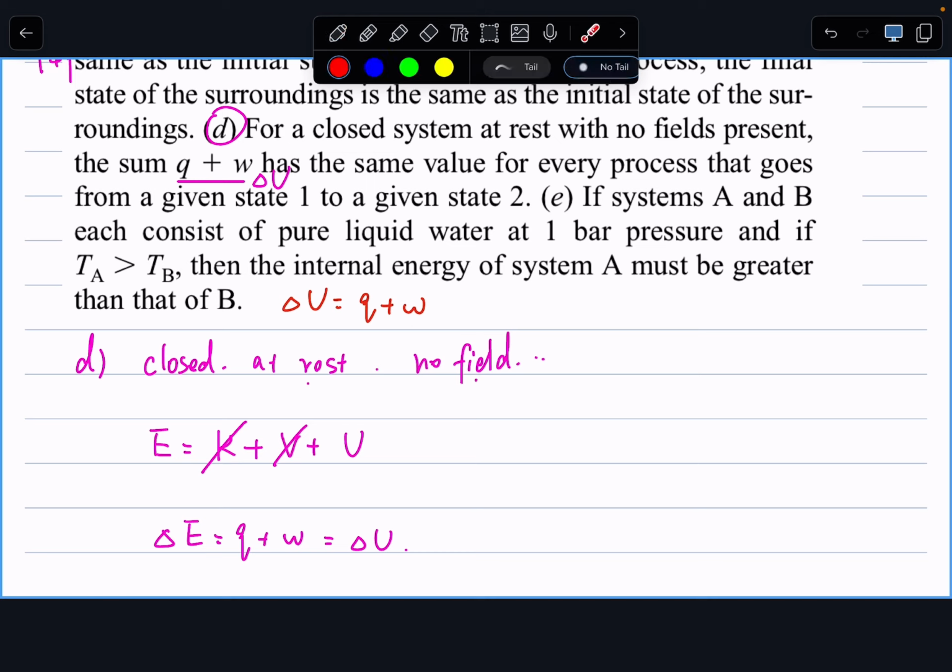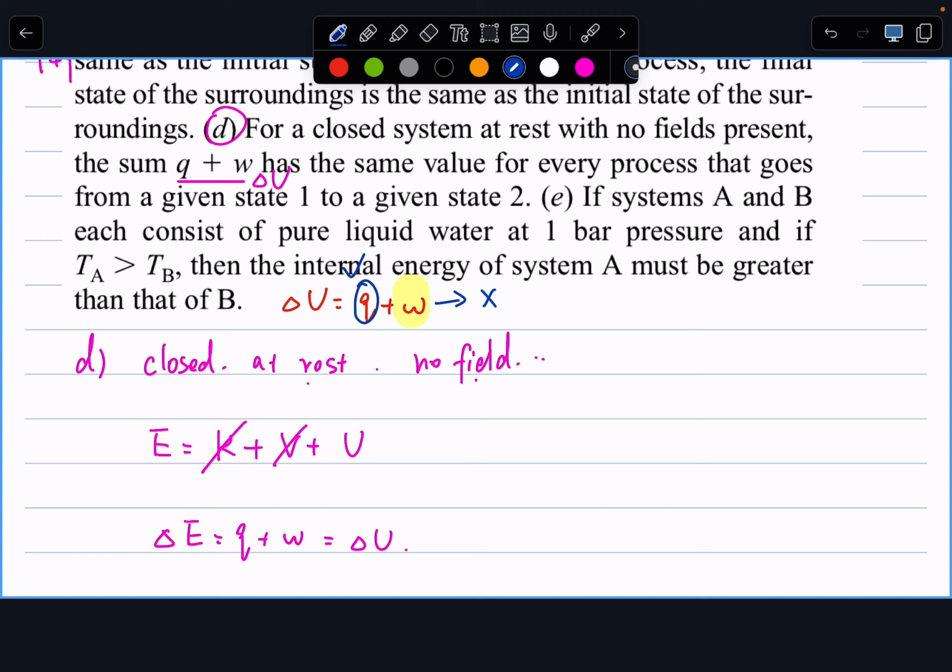However, in this process, we have no clue what the work is going to be whenever you're mixing these two systems together. In this case, we only know the sign of Q when we're mixing these two systems together, and we do not know anything about the work for that mixing to take place.